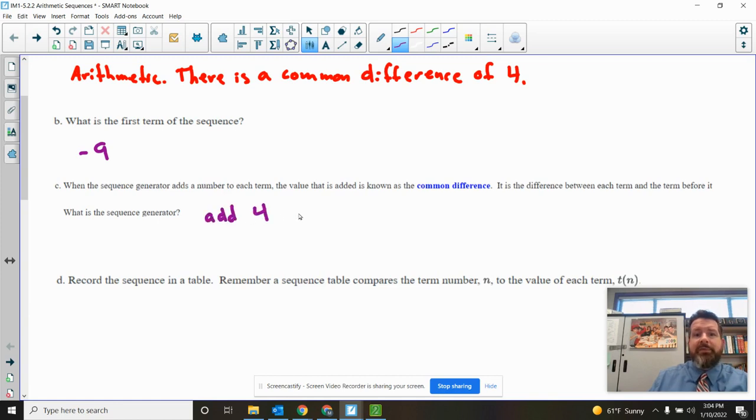That's the pattern for the sequence. We're adding 4 each time. That's our common difference. Now, you should know, we're going to use a lowercase letter d to represent that common difference. So when you see that, it is referring to the common difference of the arithmetic sequence.